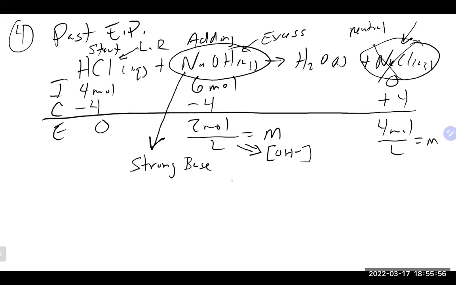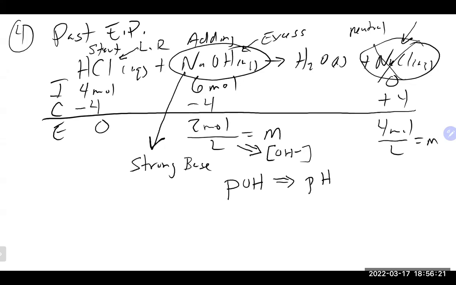It will let you get the pOH, which then you could subtract from 14 and get yourself to the pH. And this makes sense because you went past the equivalence point. Pretty much at this point, you're just dropping hydroxide in there, and you're just adding OH minus, which means we should expect the pH at this point to be pretty basic.